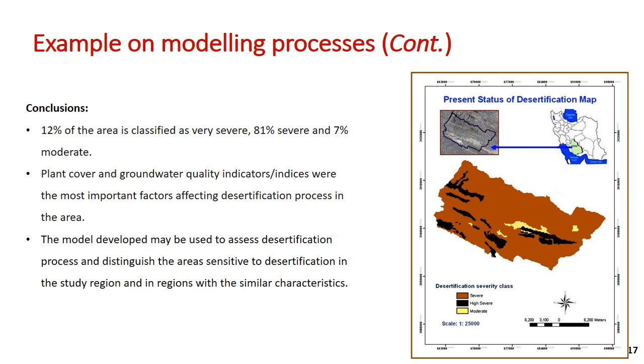And again, the final conclusion of this study is that the model they developed is reliable, so it can be used to model and understand a desertification situation in another area with similar characteristics. So that's all.